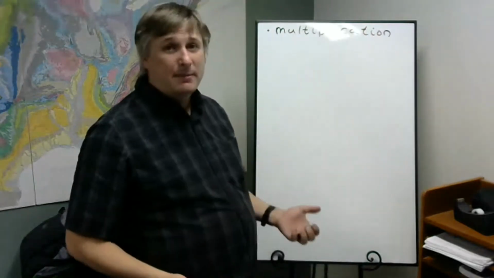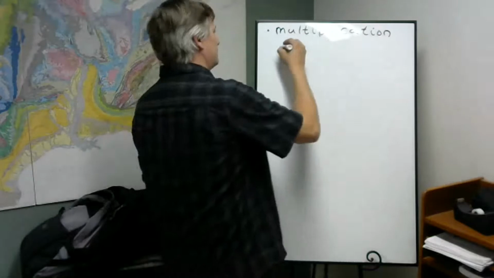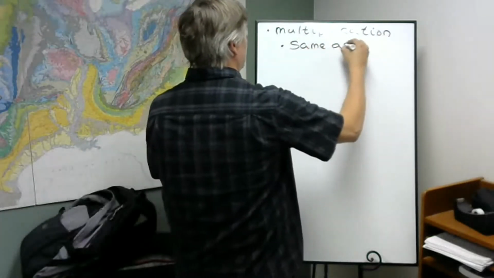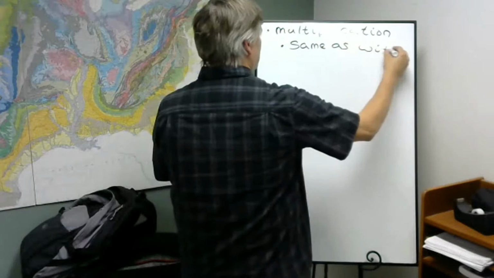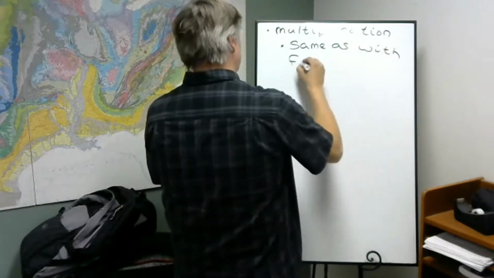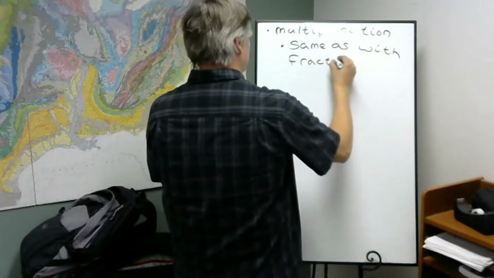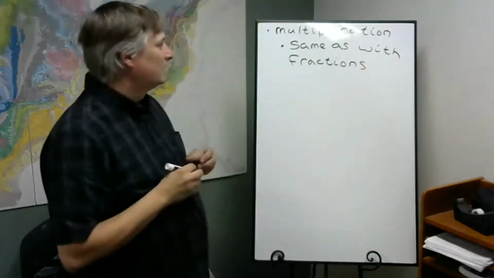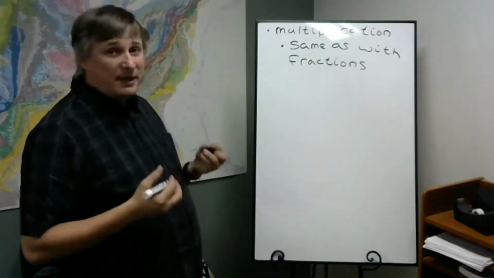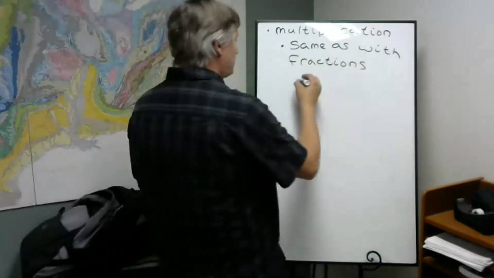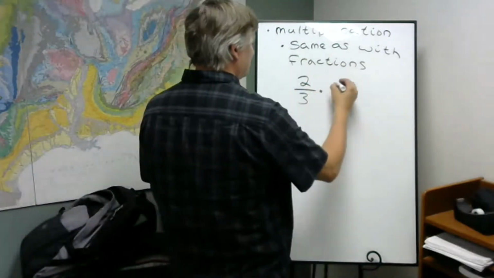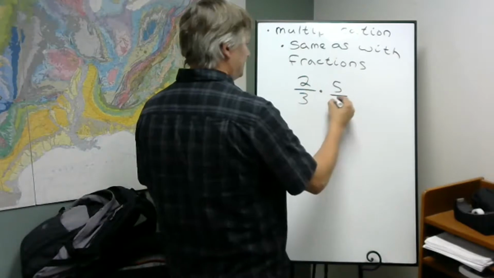So it's going to be the same as with fractions. If you recall fractions, let's say you have 2/3 times 5/7.